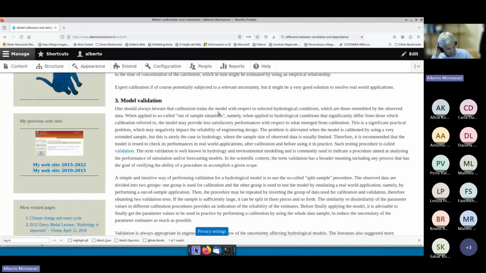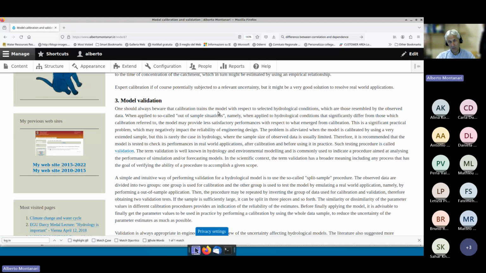And we often say that we want the calibration data set to be large. The longer the data set that you use for calibrating the model, the better it is. Because if the data set is large, extended in time, extended in space, whatever, the result is that you get the model trained with respect to a comprehensive set of situations.